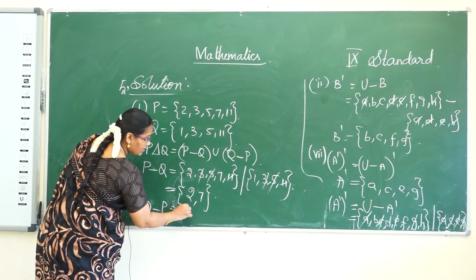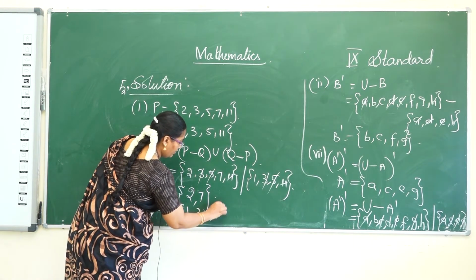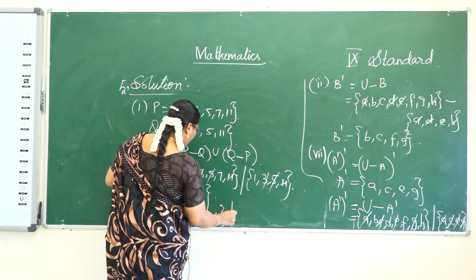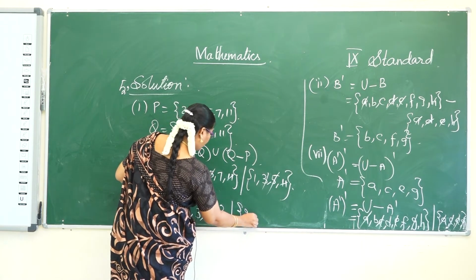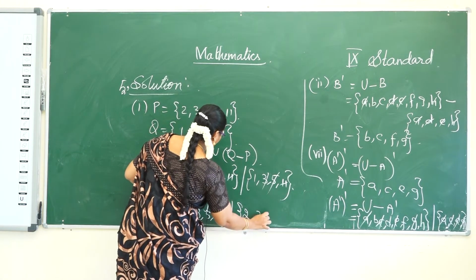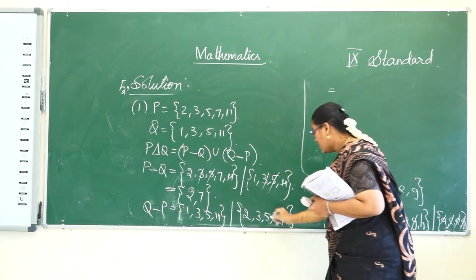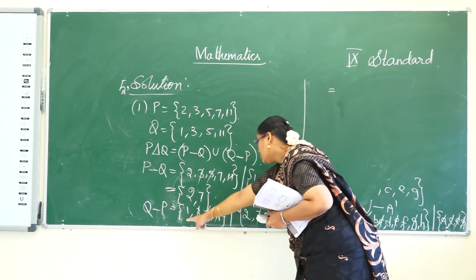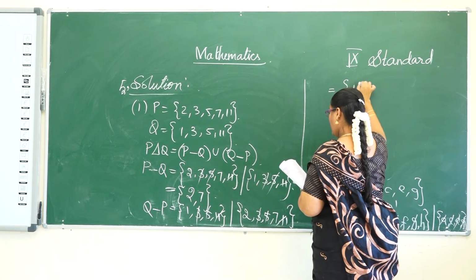The elements in set Q are 1, 3, 5, 11. Set difference P, whose elements are 2, 3, 5, 7, 11. So which elements are common? 3, 5, 11. So what remains in set Q is 1.